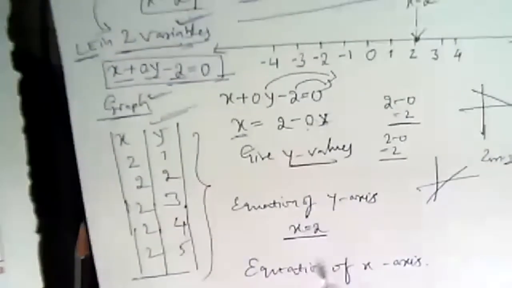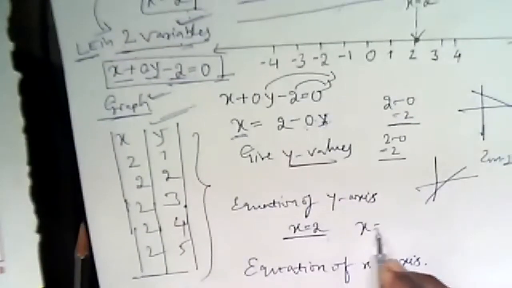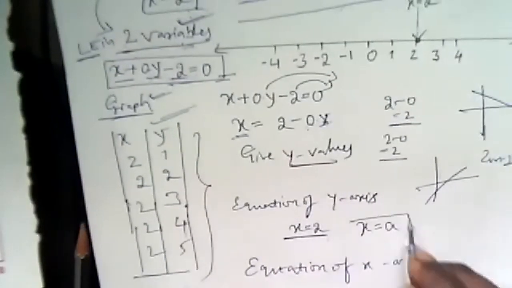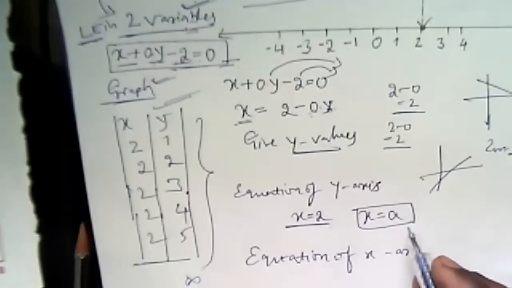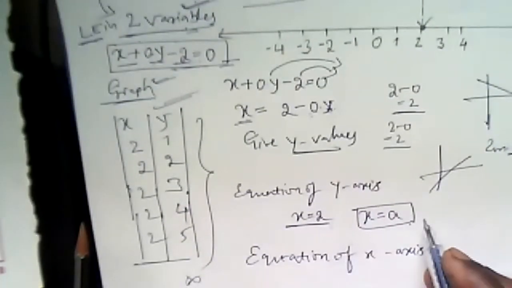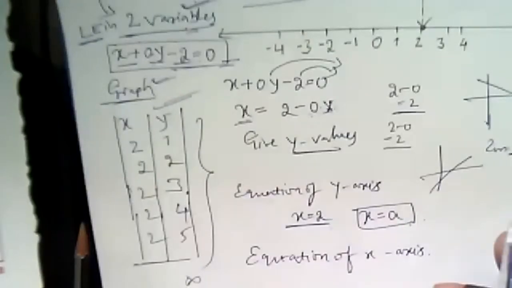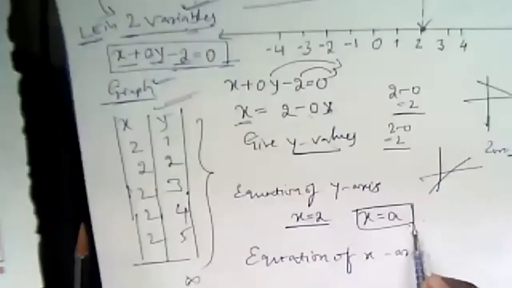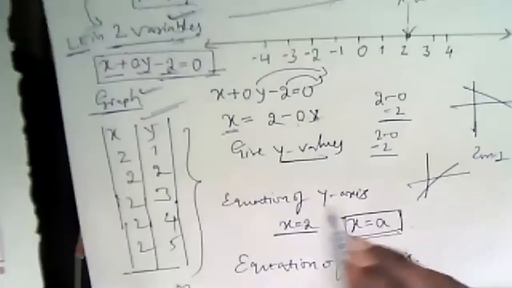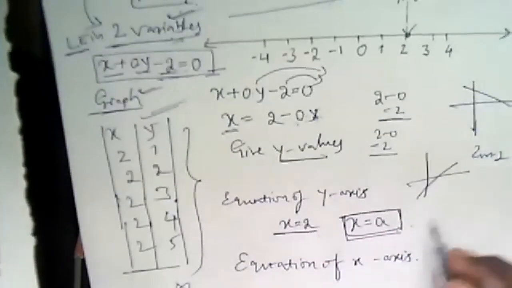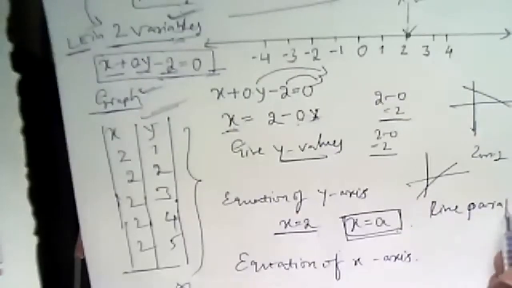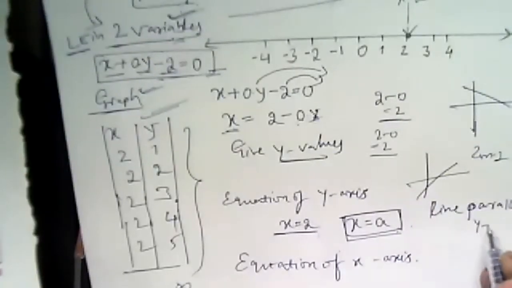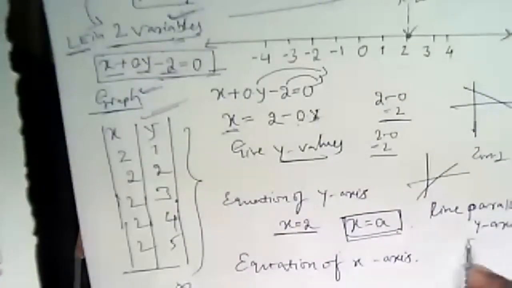In general, we can write x is equal to a. In place of a, you can take any value: 1, 2, 3, 4, etc. x is equal to a is the equation of a line parallel to the y-axis.